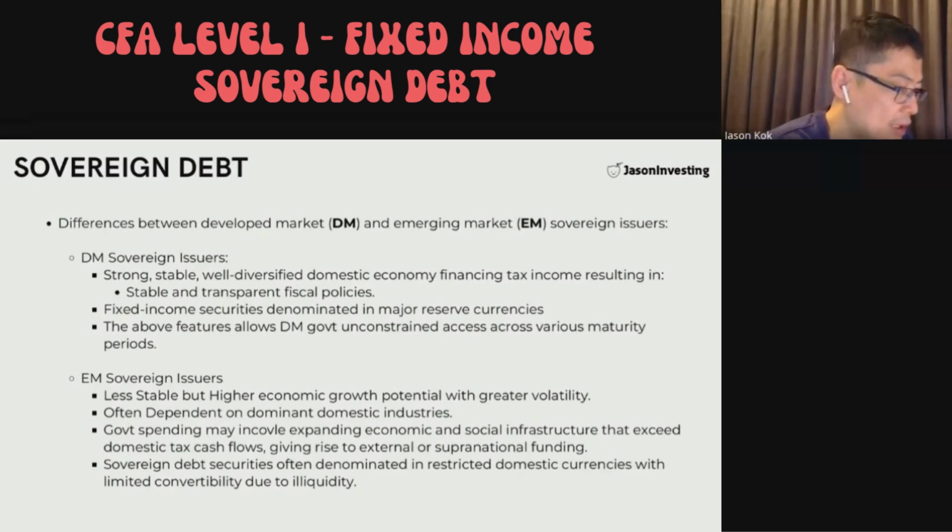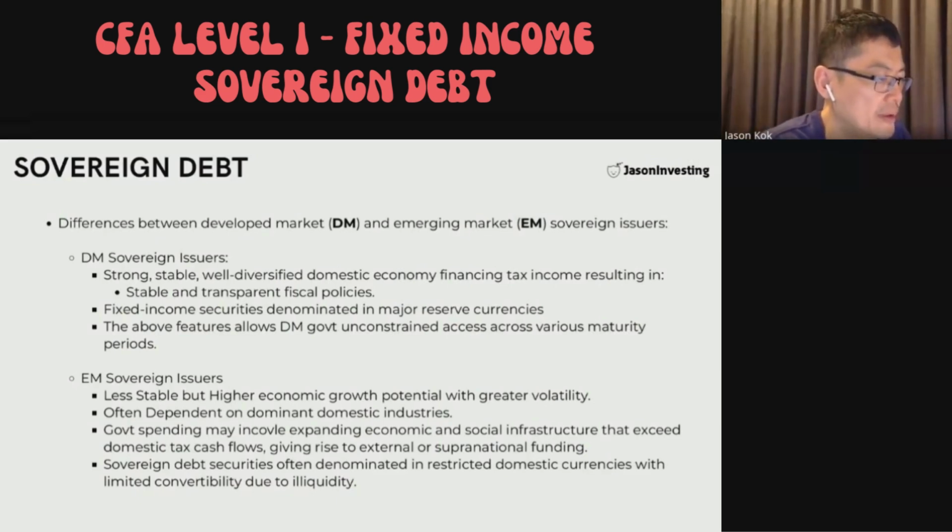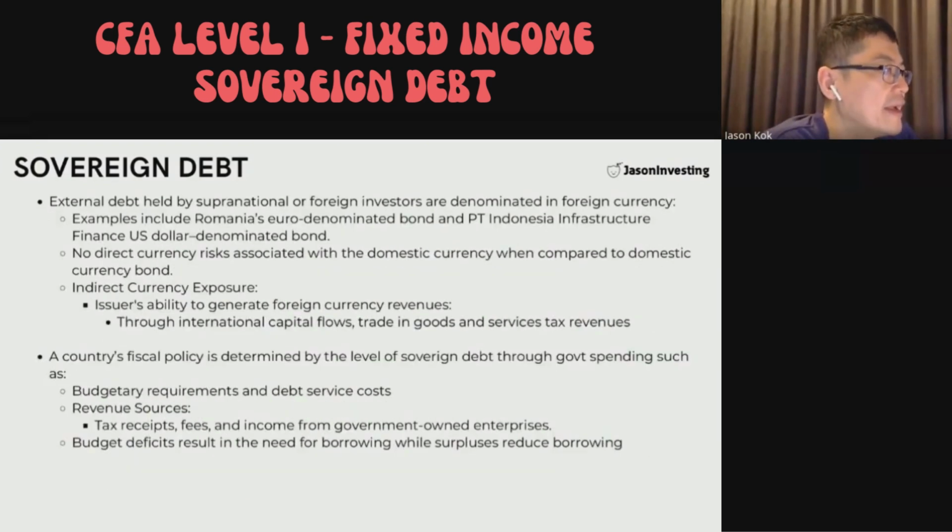So even if there is no legal restriction, the trading of the FX could still be illiquid due to the low volume, and this will discourage foreign investors from buying domestic currency sovereign debt. External debt held by supranational or foreign investors is predominantly denominated in foreign currency for the reasons we stated before.